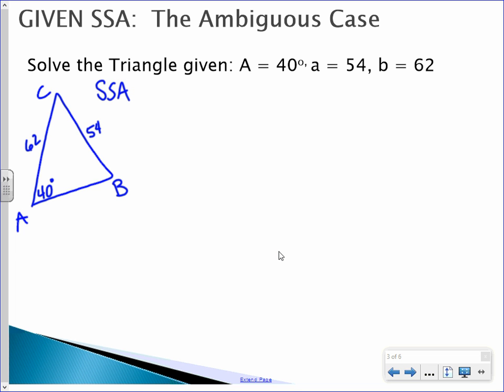What is that? Angle B. We have both pairs of A's. We have the side B, so we can only find angle B. All right? So let's set this up. We know that the sine of angle B over side B should equal the sine of angle A over side A.